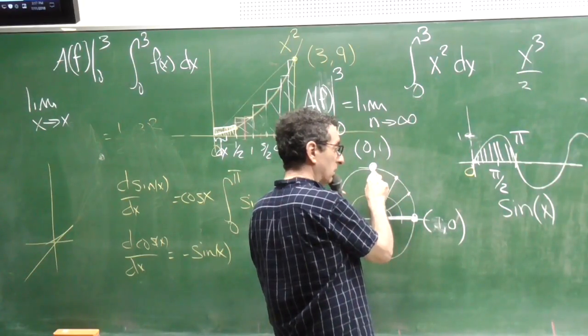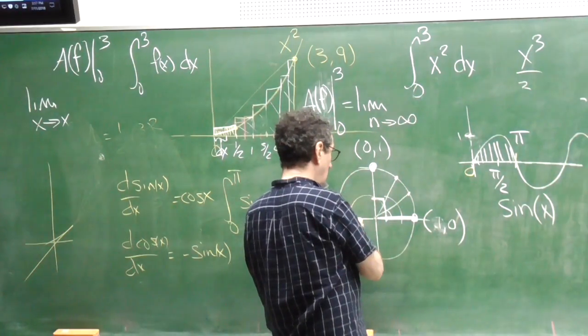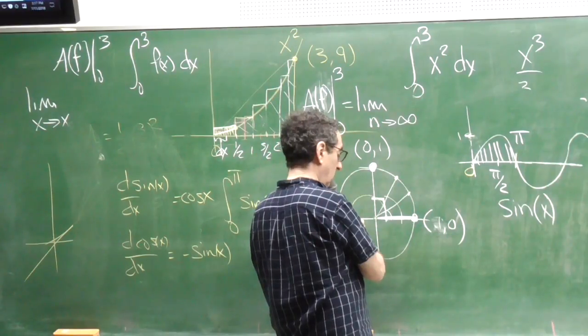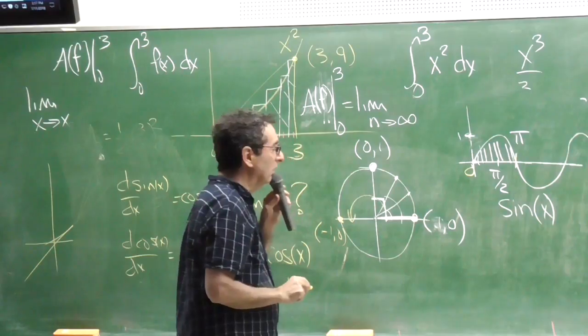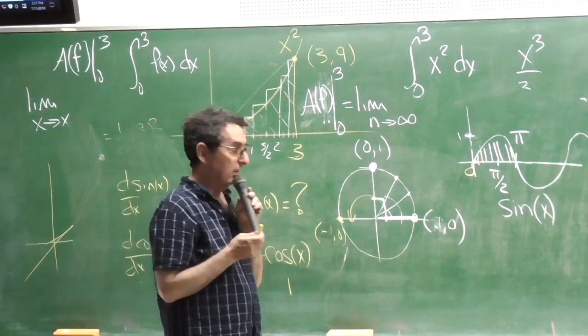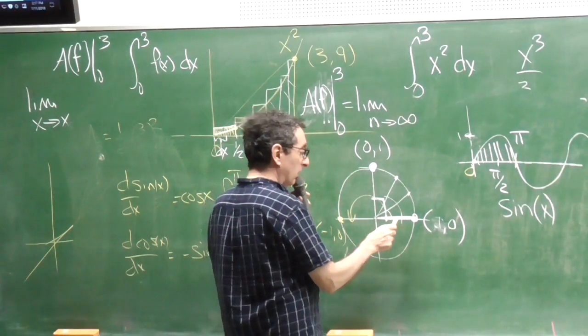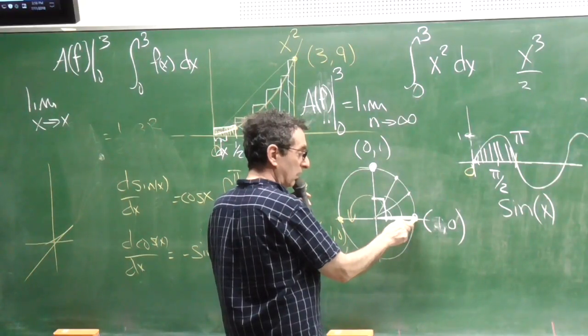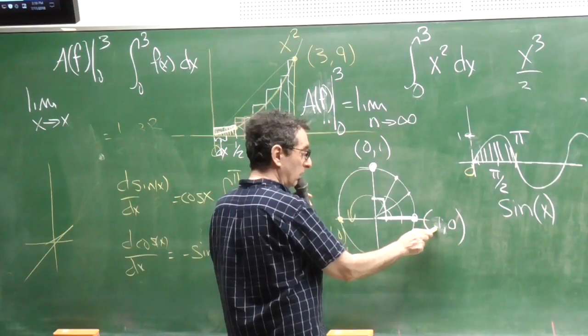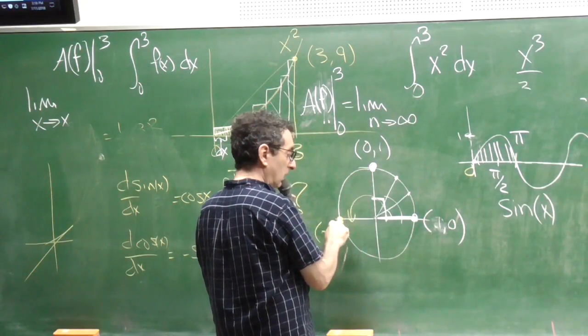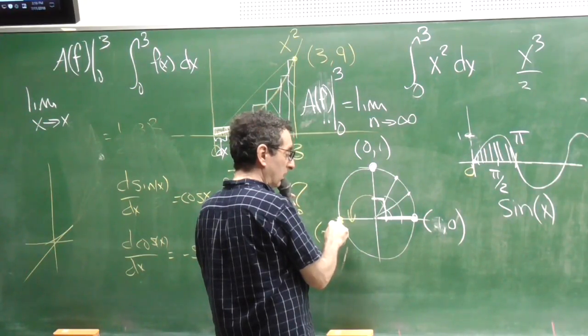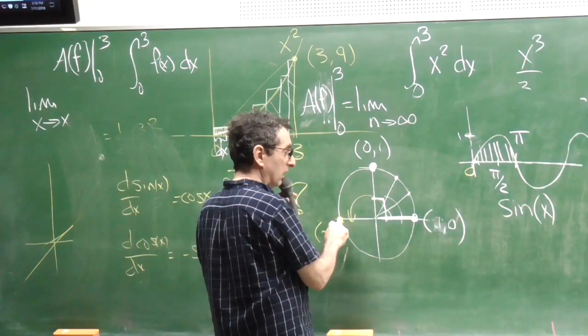Sine of pi over 2 is 1. Sine of pi is 0. Okay, I did it right.